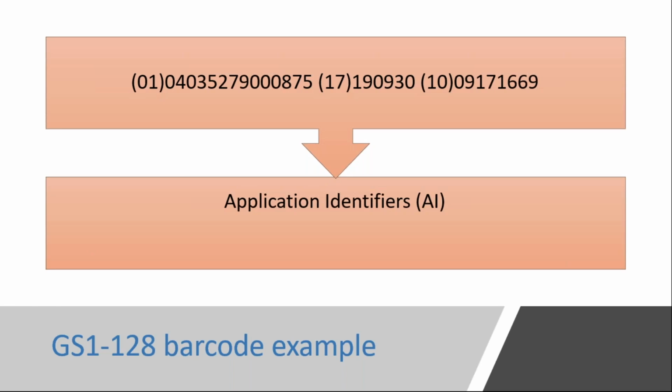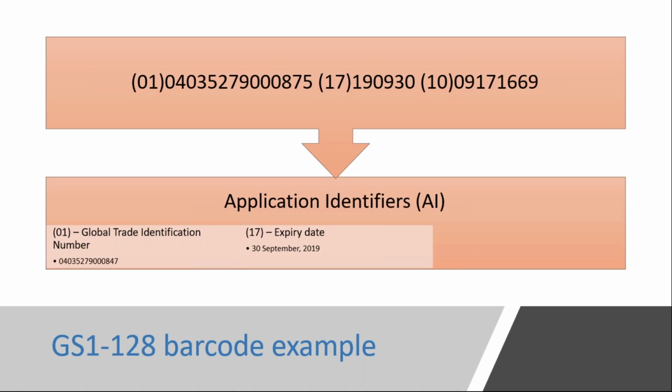Body regulates the GS1 format and determined what a universal format should include, and then you pick which of those application identifiers you want to embed within your barcode. So there's a global trade identification number, the 01, and then the expiry date, and then the lot number. So this is how they break out those identifiers within a GS1 format.